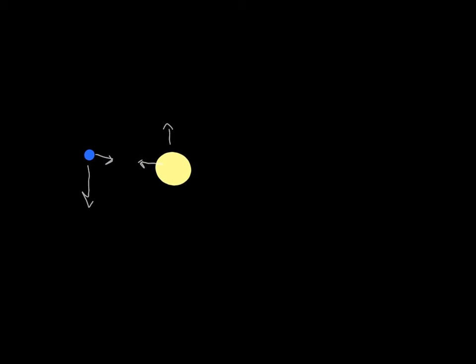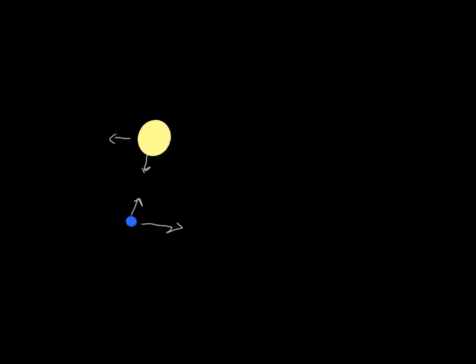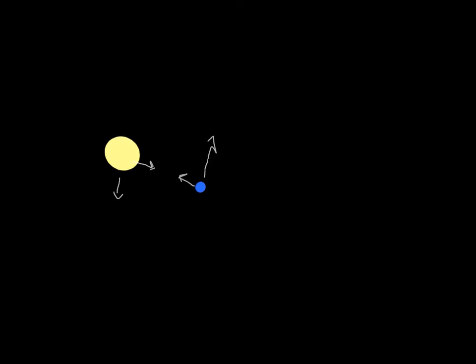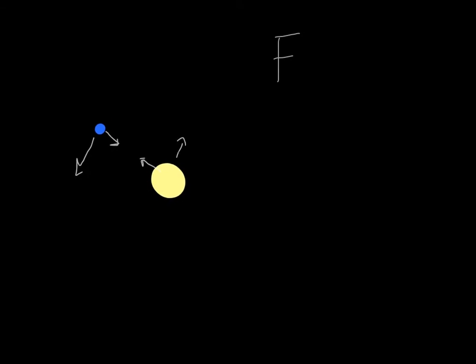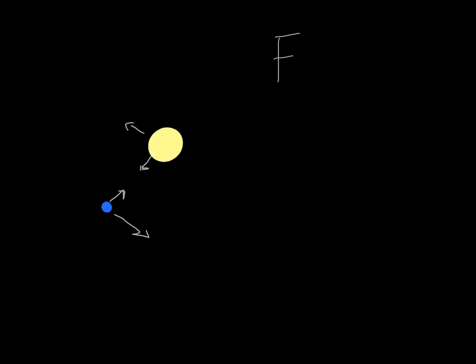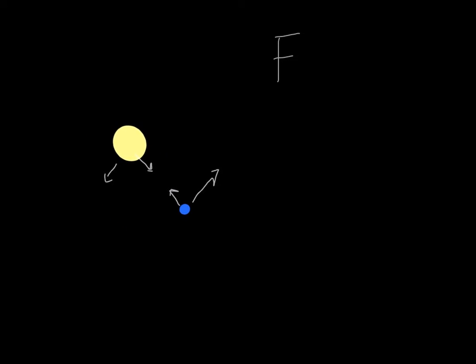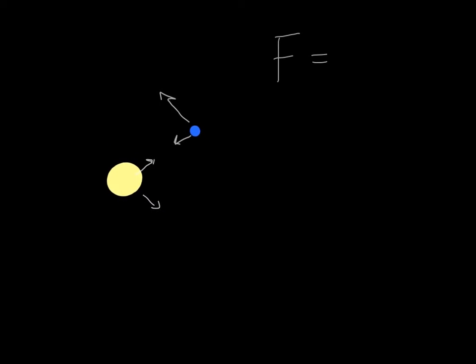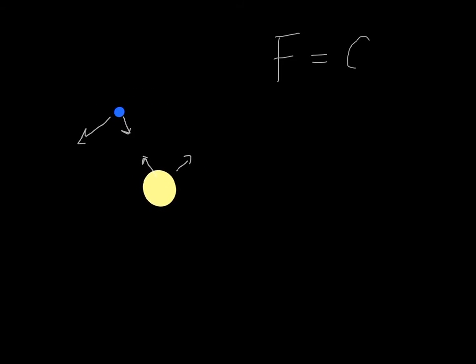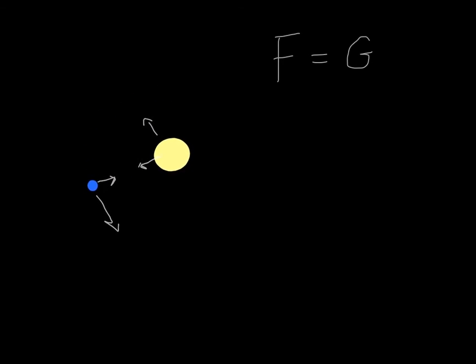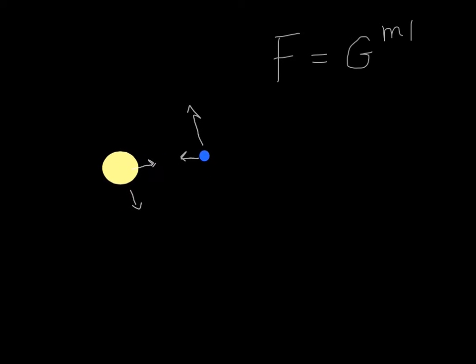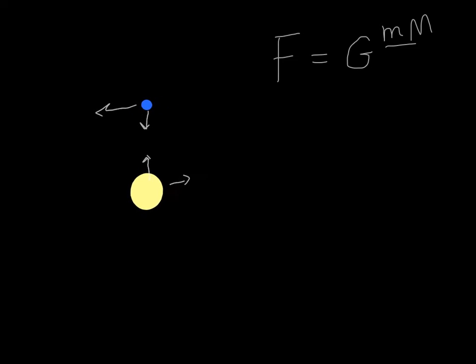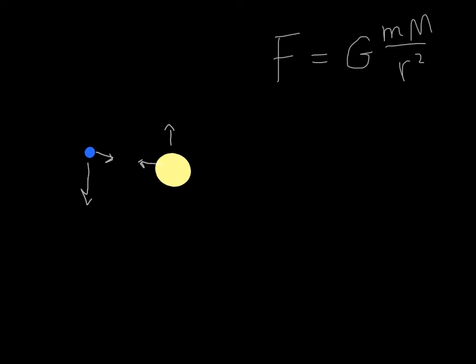Let's start by looking at the force. So Newton claimed that each mass in the universe attracted every other mass in the universe with a force of attraction called the gravitational force, and it corresponded to a constant times the mass of thing 1 times the mass of thing 2 divided by the distance between the two guys squared.